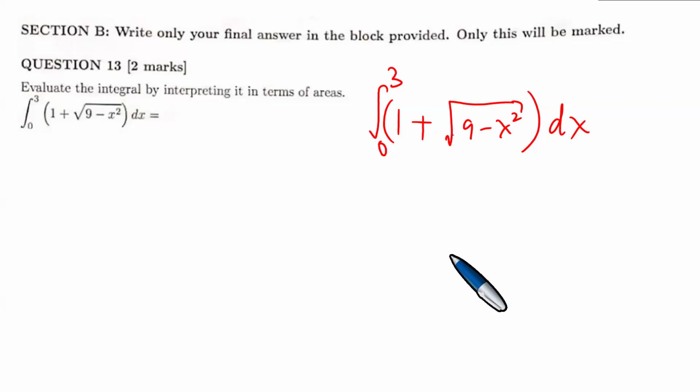Okay, now the couple of things that are very central to our discussion here. What are the central things to our discussion? They're the fact that you need to evaluate this particular integral using the notion of areas, which is a very important notion.